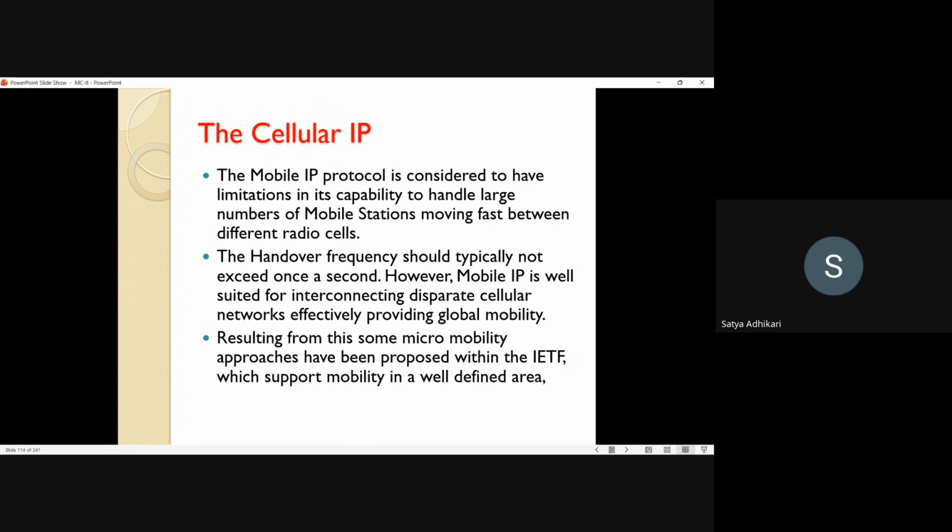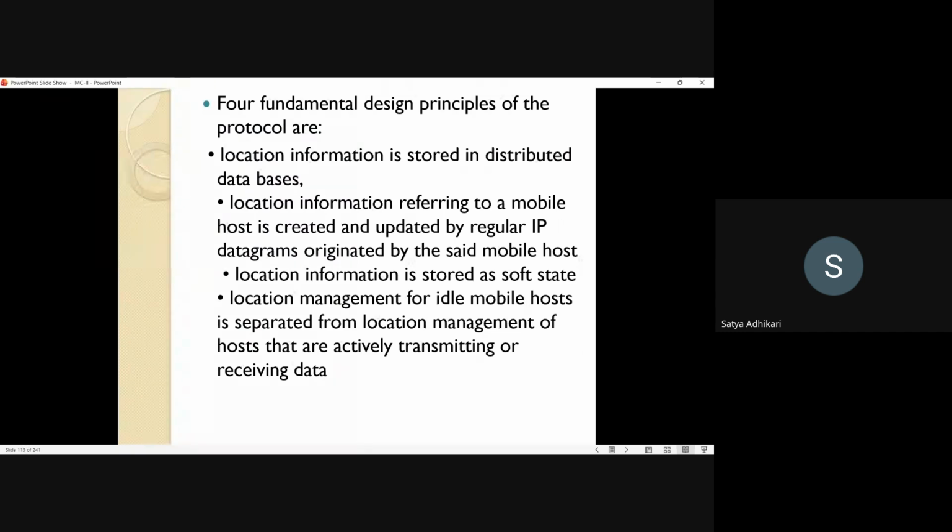Resulting from this, some micromobility approaches have been proposed within the IETF, which support mobility in a well-defined area. Four fundamental design principles of the protocol are: location information is stored in distributed databases, so that we can use it. Number two, location information referring to a mobile host is created and updated by regular IP datagrams originated by the said mobile host.